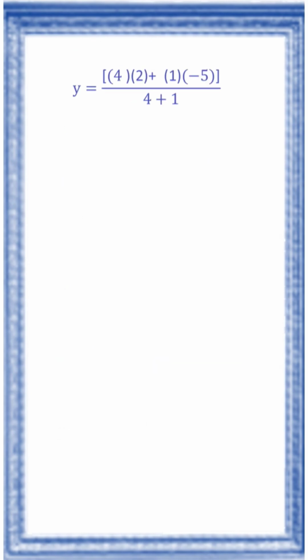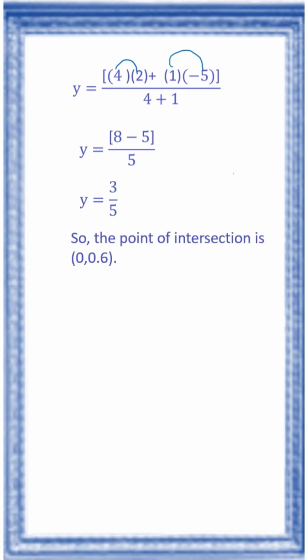So y is equal to (4 into 2 plus 1 into negative of 5) upon (4 plus 1). 4 2s are 8, 1 into negative of 5 is negative of 5, so y is equal to 3 by 5. So the point of intersection is (0, 0.6), if we solve it.